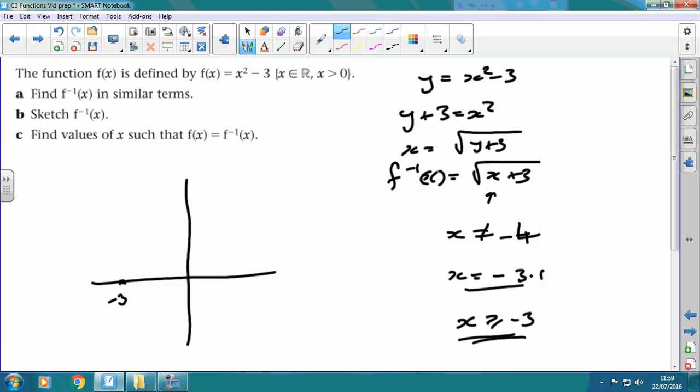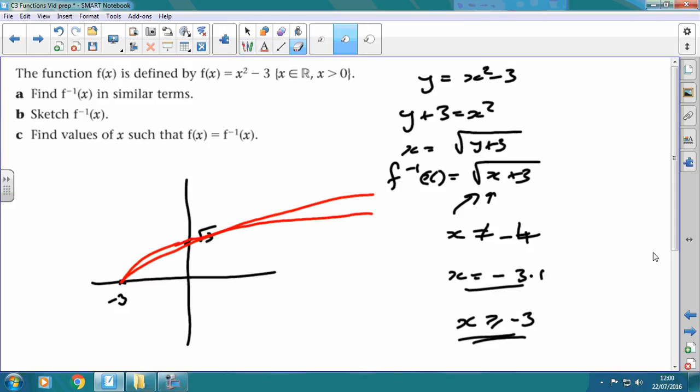And if we substitute in x is 0 into this here, we get it going through at square root of 3. And the square root graph looks like that there. It's more like that, I guess. Then it continues on, going higher and higher.